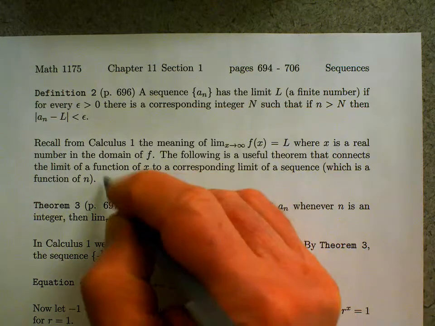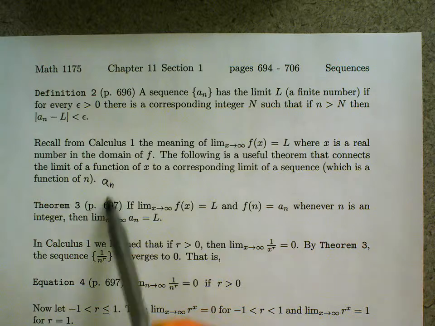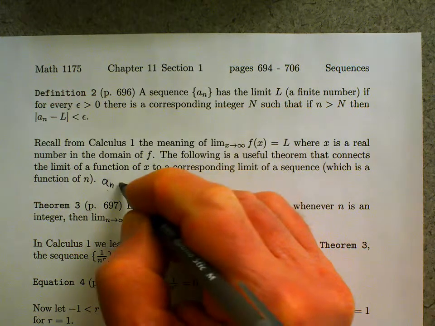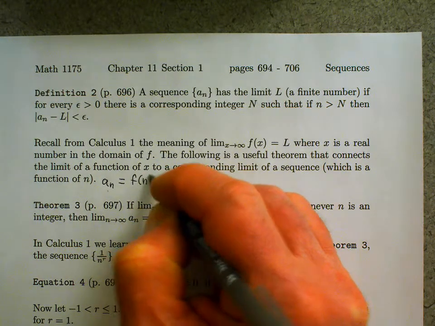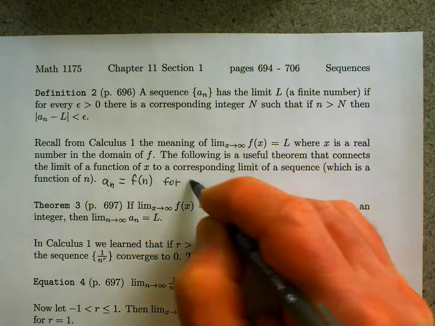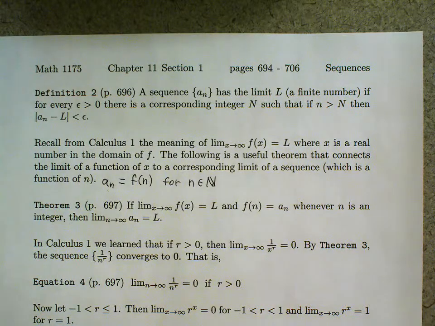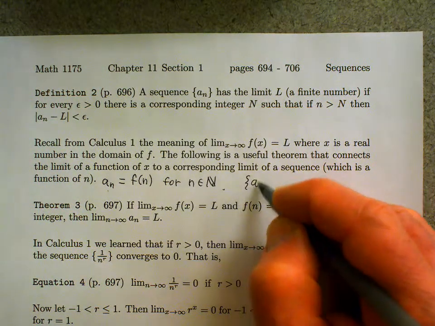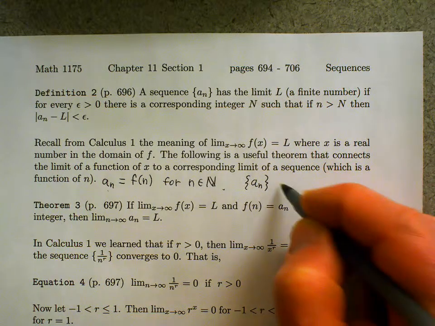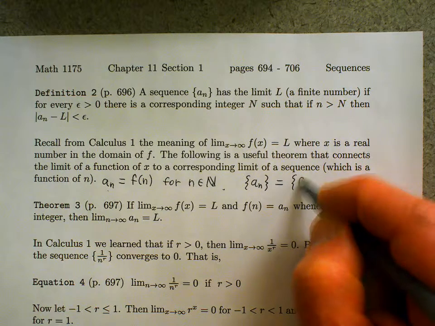Just to reiterate, if we have a sub n term from a sequence, then we can define that as f of n for natural numbers n. And so a sequence of a sub n terms could be denoted as the sequence of f of n terms.